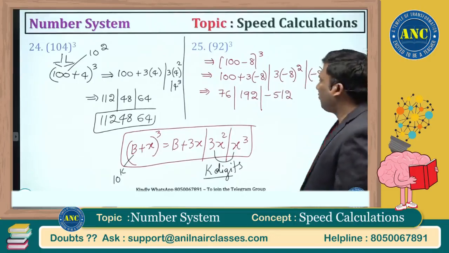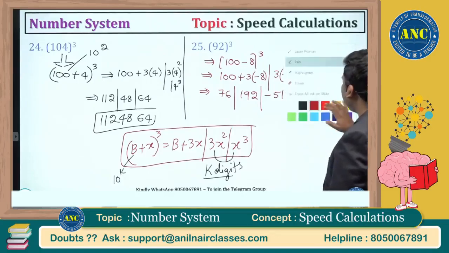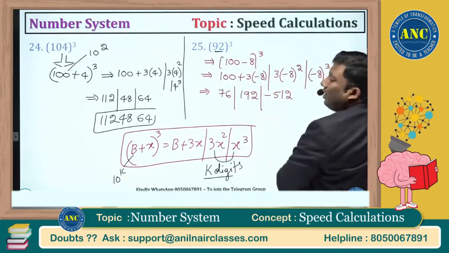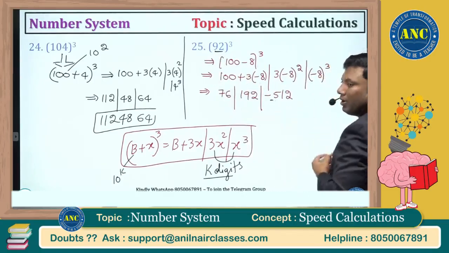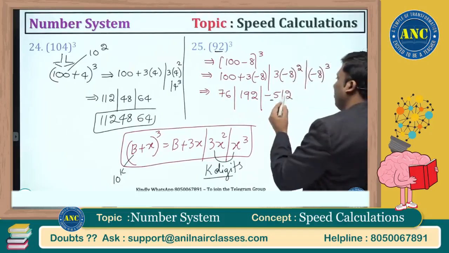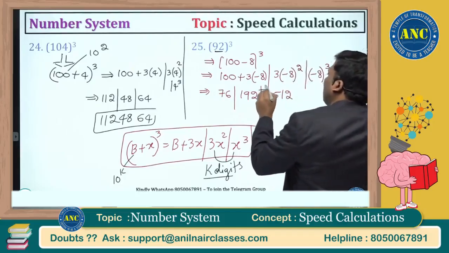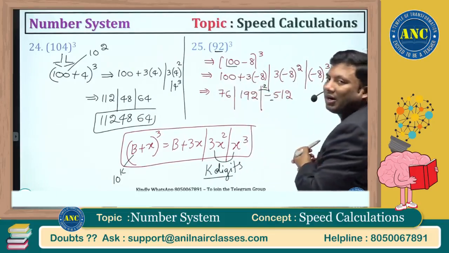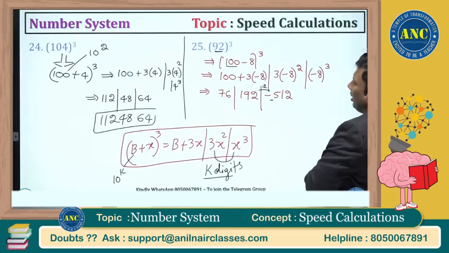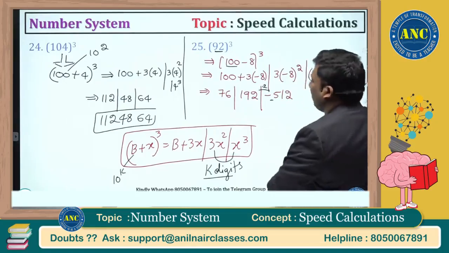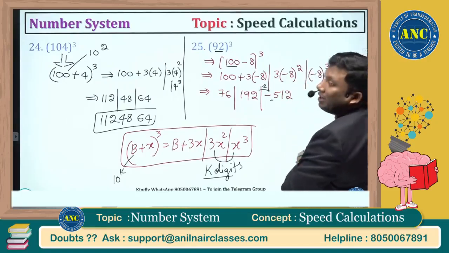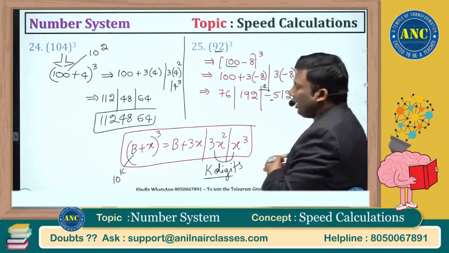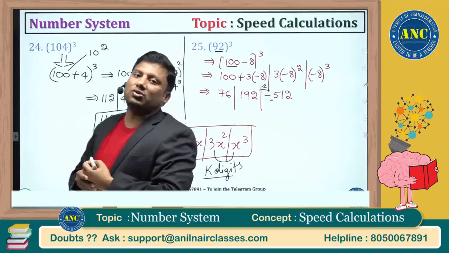Now if you see here, this is a positive number. Whenever you are cubing a positive number, you will never get a negative number. So take a carry. Suppose I take a carry 1 on base 100, 100 minus 512, negative. 200 minus 512, negative. 300 minus 512, negative. 400 minus 512, negative. 500 minus 512, negative.